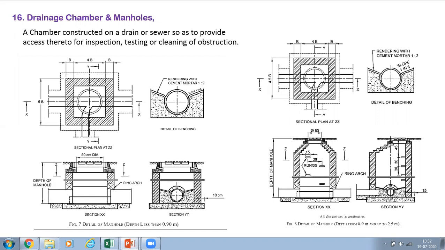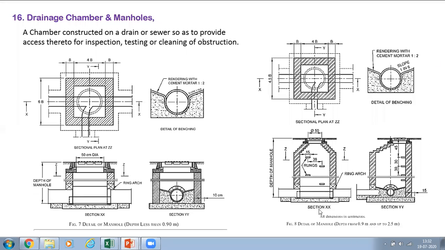So your starting depth will be 1.125 meter. In that case, you have to give 1 meter, the scenario is there. If the starting depth is less than 900, you have to give it like this only. More than 900, this scenario will come.